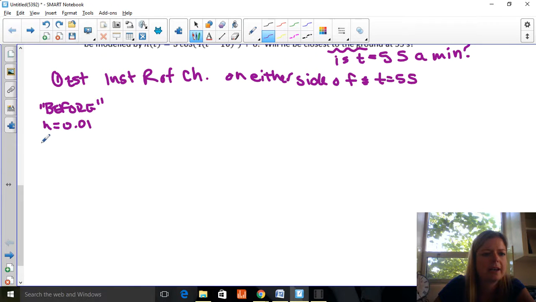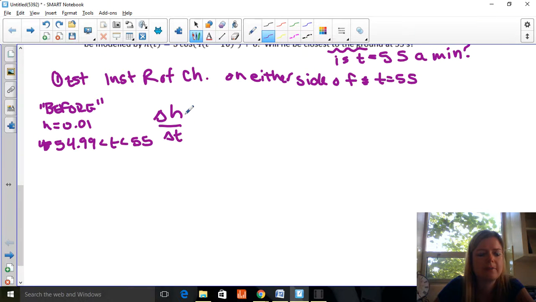That would be between 54.99 and 55. So our delta h over delta t, our change in height divided by our change in time, would be our height at 55 meters minus the height at 54.99 meters divided by h, which is 0.01.